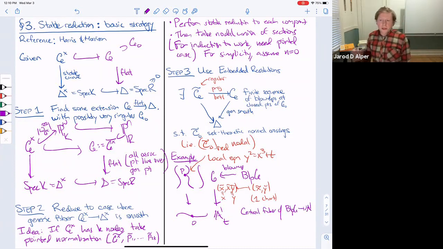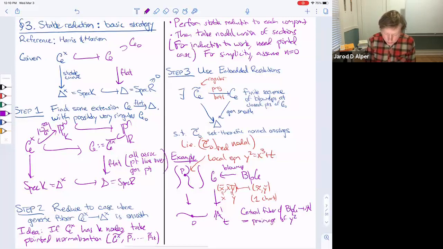Well, it's the pre-image of the equation y squared equals x cubed. Y squared, let's write it as minus x cubed. So if we just translate what x and y are, we get x tilde squared, y tilde squared minus x tilde cubed, which we can factor as x tilde squared times y tilde squared minus x tilde.